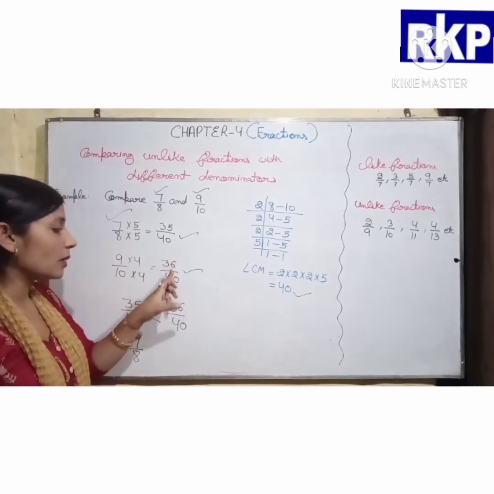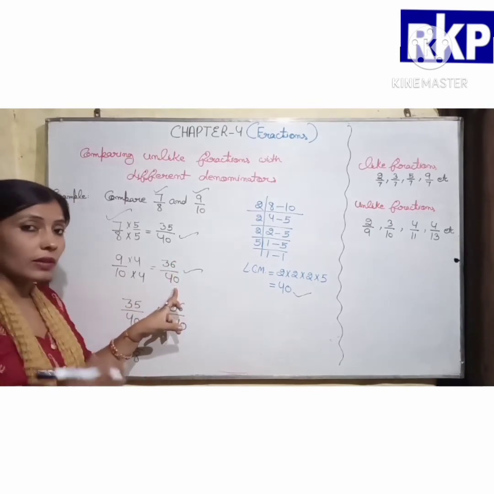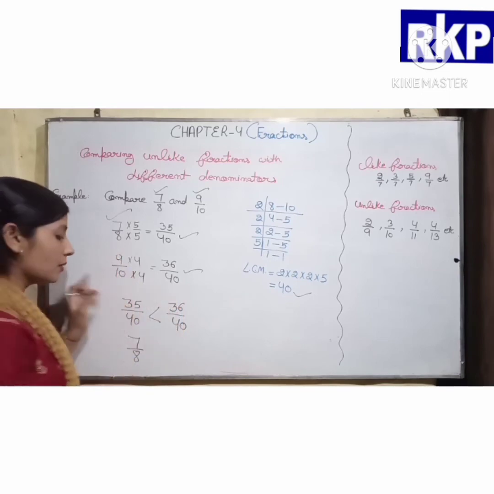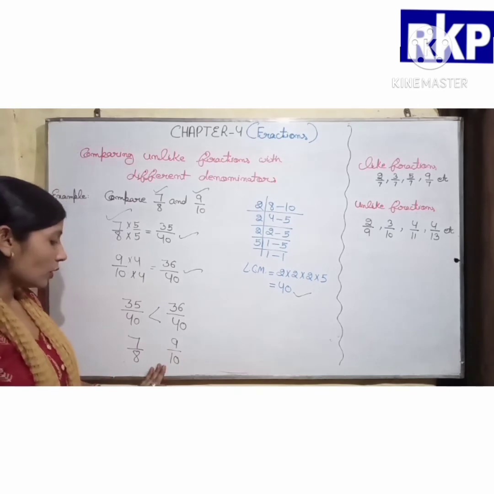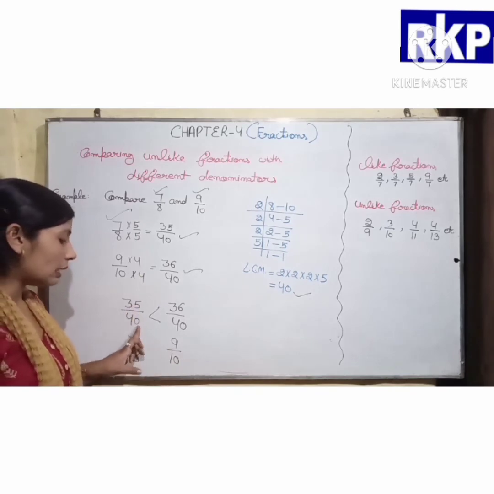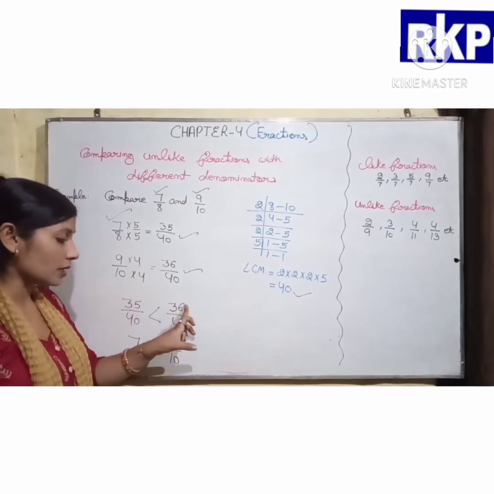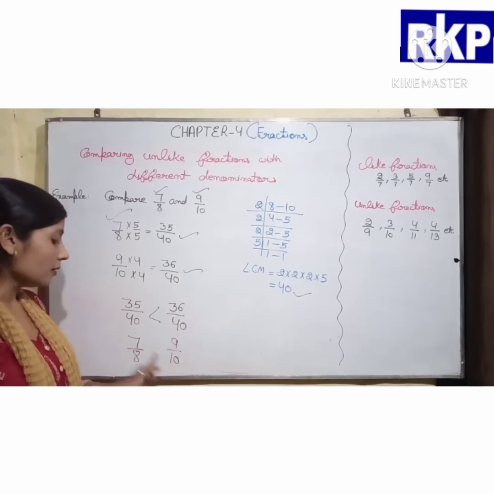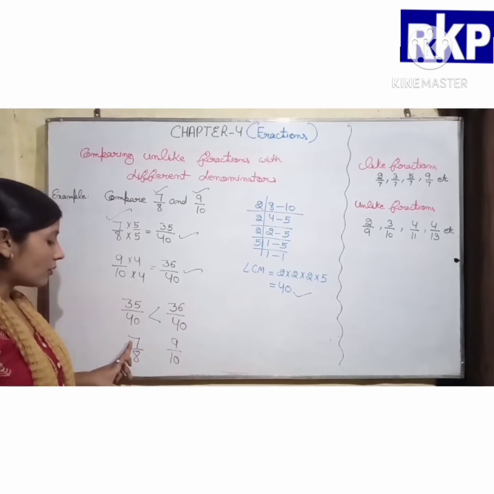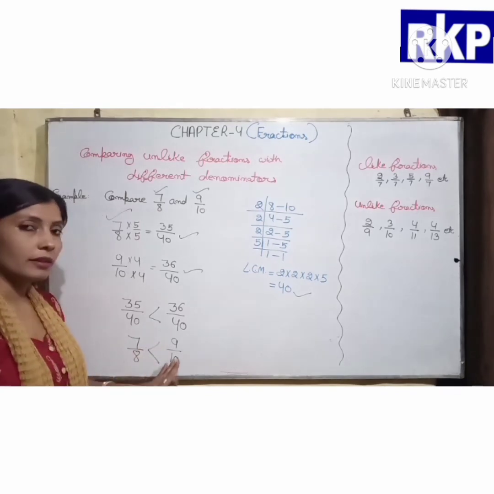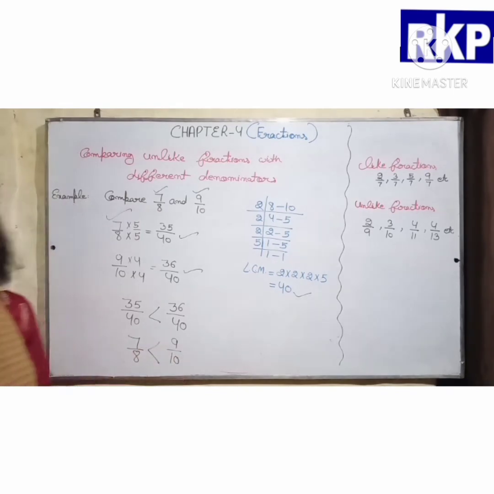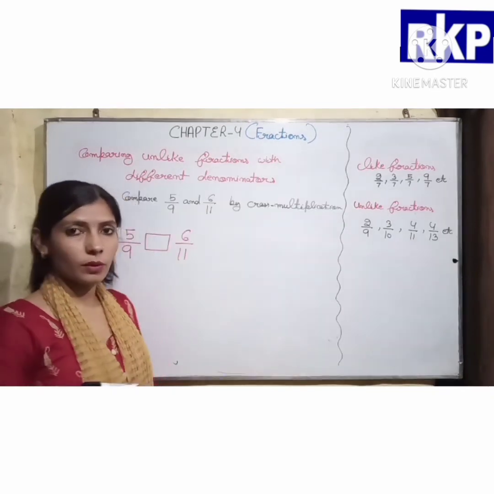And 36 by 40 is an equivalent fraction of 9 by 10, so here we can write 9 by 10. So if 35 by 40 is smaller than 36 by 40, then we can say 7 by 8 is smaller than 9 by 10.